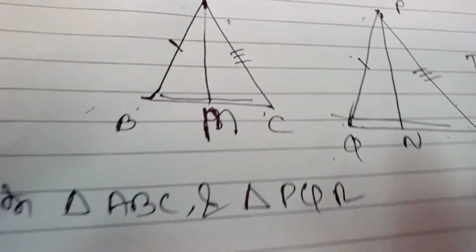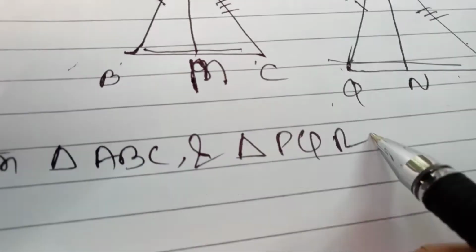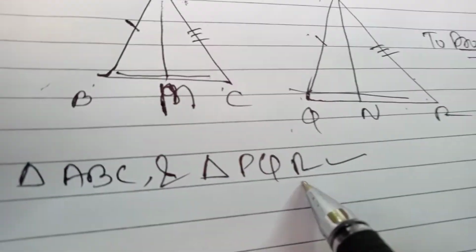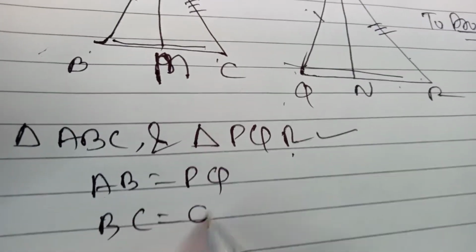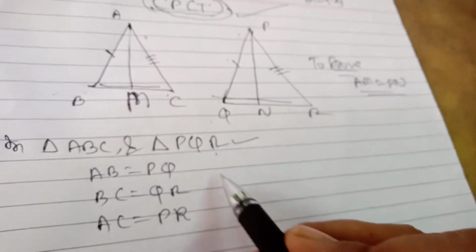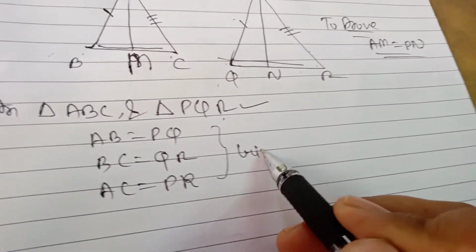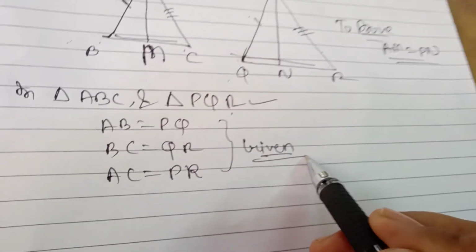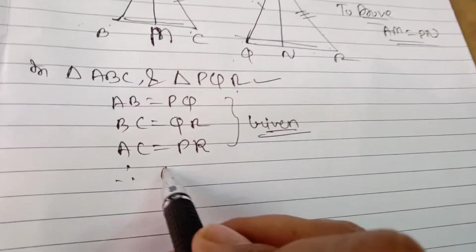First of all, it's my duty to prove that triangle ABC and triangle PQR are congruent. So I will write here AB is equal to PQ, BC is equal to QR and AC is equal to PR. Clear? It is given. Then I will write, therefore triangle ABC is congruent to triangle PQR.